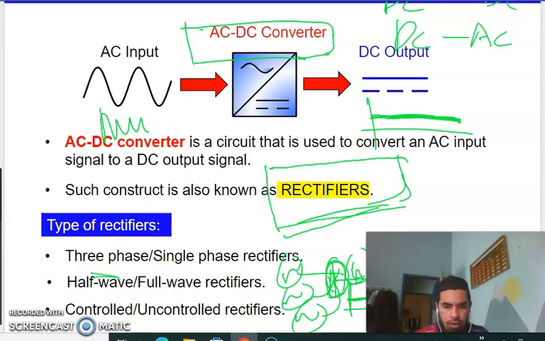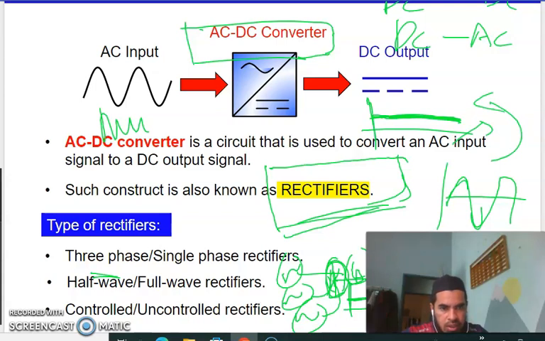Okay, we have half wave and full wave rectifiers. Full wave means that we are rectifying all of the AC, both positive and negative poles, into a single DC output. With half wave, only the positive part is rectified. The negative part is just blocked here and does not project to the output.